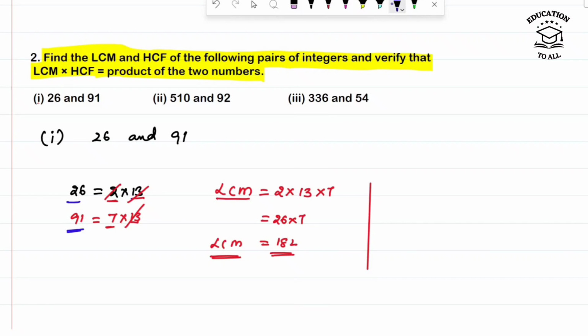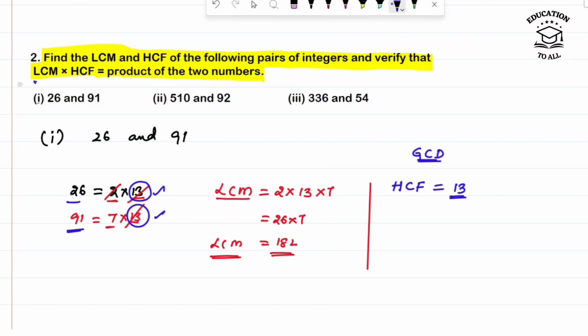Here 13 is common with this 13, and the remaining numbers we need not take. The highest common factor HCF is also called GCD, the greatest common divisor, which means the one dividing greatest. So 13 is dividing greatest. Only 13 is common. So I can take the HCF as 13.